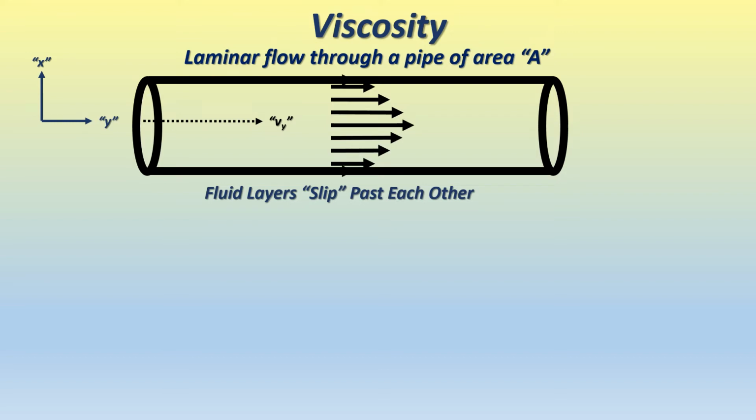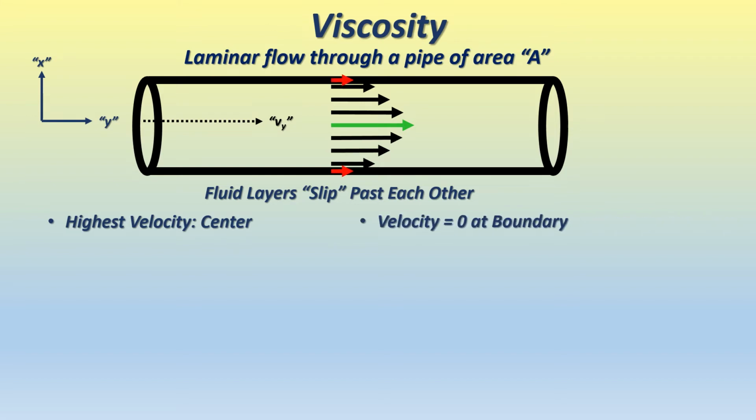In laminar flow, the layers will slip past each other, where each one exerts a friction upon the next layer in such a way that you get the highest velocity in the center, and at the boundaries, the velocity goes to 0, which is called the no-slip condition. This is seen in everyday life. If you've ever run a fan, you'll notice that the blades on the fan are always dusty, regardless of if the fan was running or not.